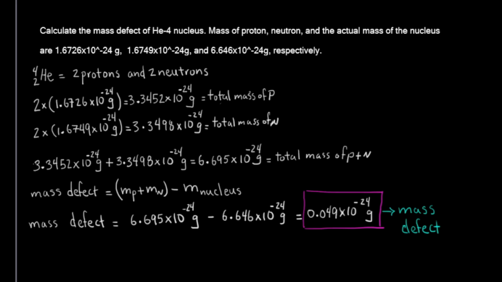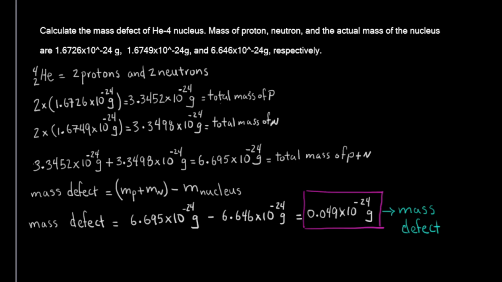So in order to answer this question, we first need to figure out the number of protons and neutrons inside the helium-4 nucleus. There are 2 protons and 2 neutrons inside the helium-4 nucleus, and the formula for mass defect is the sum of the masses of individual or free protons and neutrons minus the actual measured mass of the nucleus.